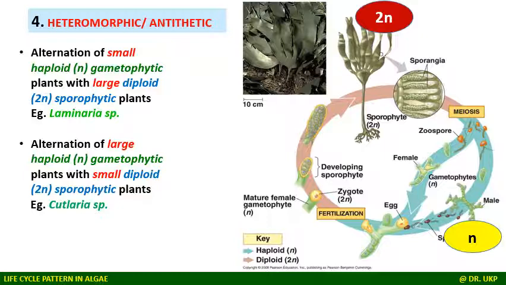Sometimes the gametophytic plant body may be large, that is what we are seeing. What we see is the thallus body, the macrothallus, which may be gametophytic, or it may be sporophytic.